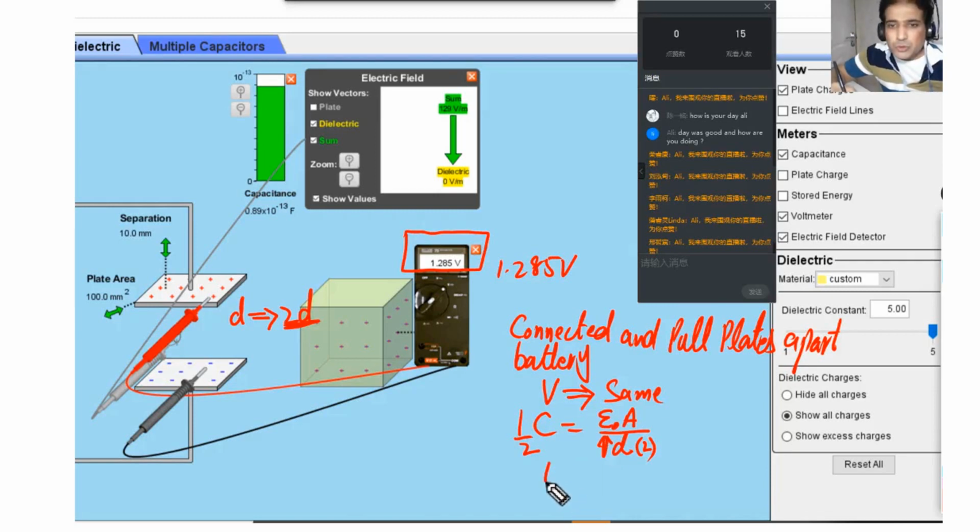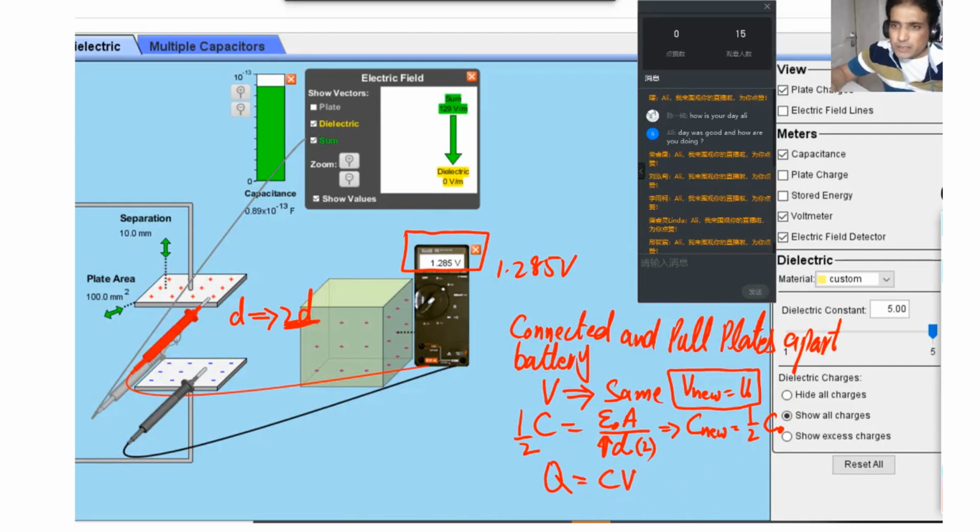Now, how about Q? We can write down that C new will be equal to 1/2 of C naught. And V is the same, so V new is equal to V naught. Why? Because it is still connected with the battery, so voltage will not change. Now, we also understand Q is equal to CV.